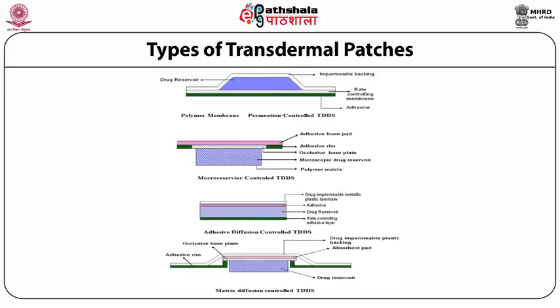The second from top to bottom is the microreservoir controlled transdermal drug delivery system. Then we have the adhesive diffusion controlled transdermal drug delivery system, and at the end we have the matrix diffusion controlled transdermal drug delivery system.